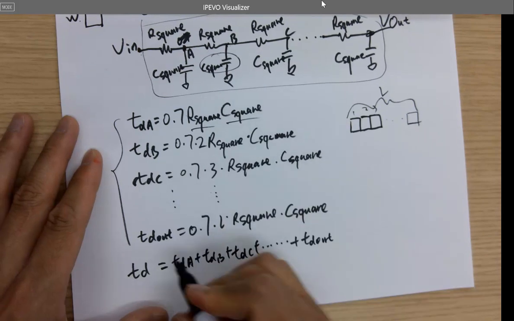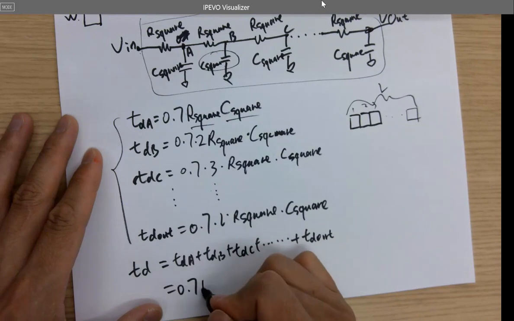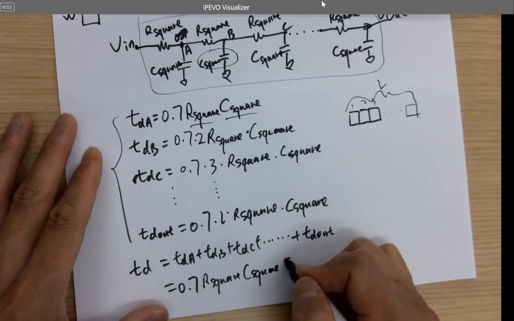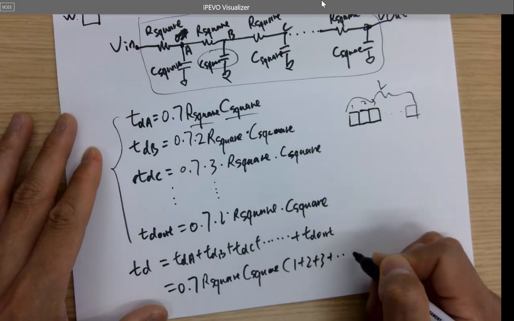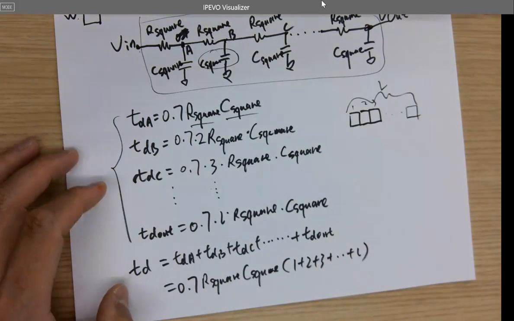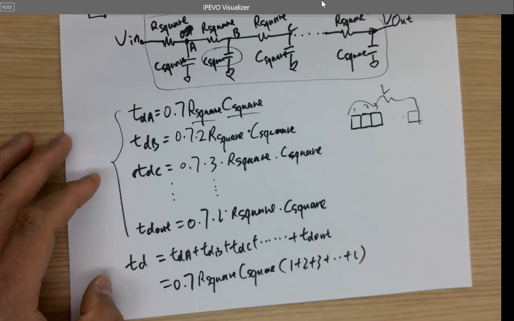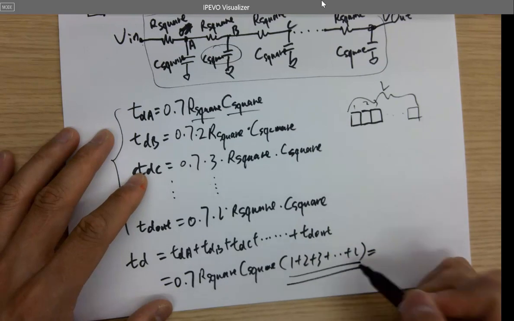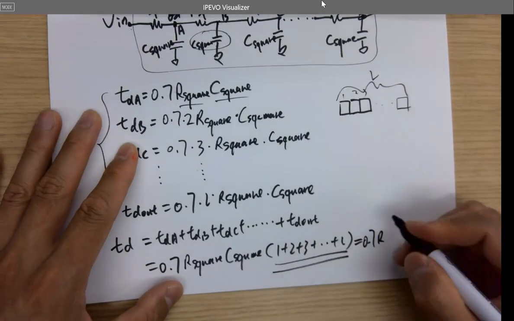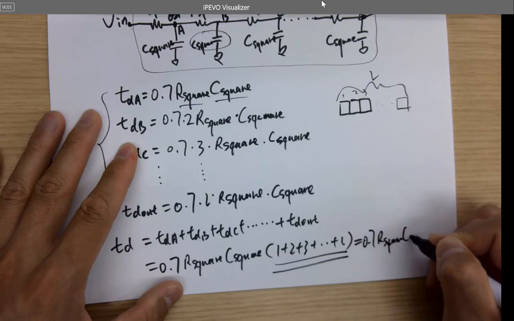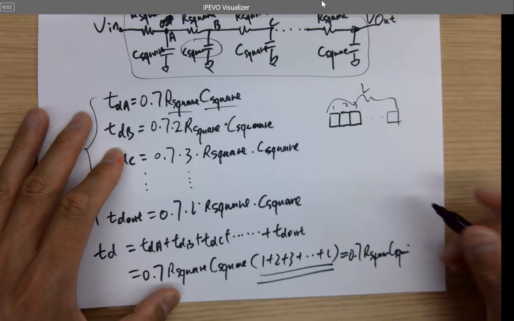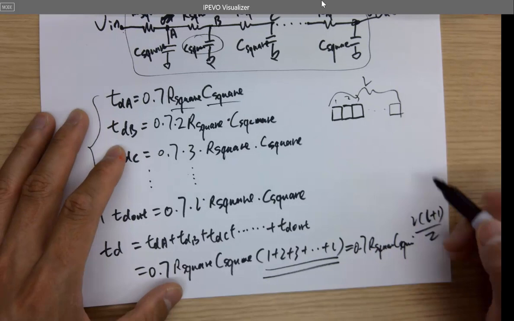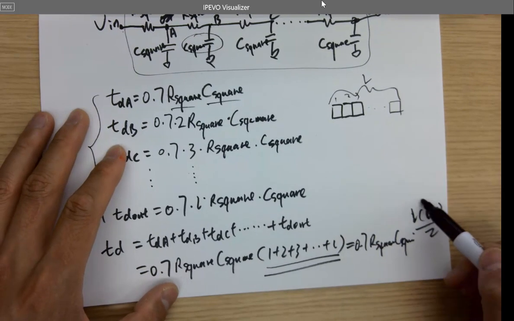TD out equals 0.7 R square C square times 1 plus 2 plus 3 plus up to L. And there's an equation for this summation here, right? 0.7 R square C square times L times L plus 1 over 2. This equals this.